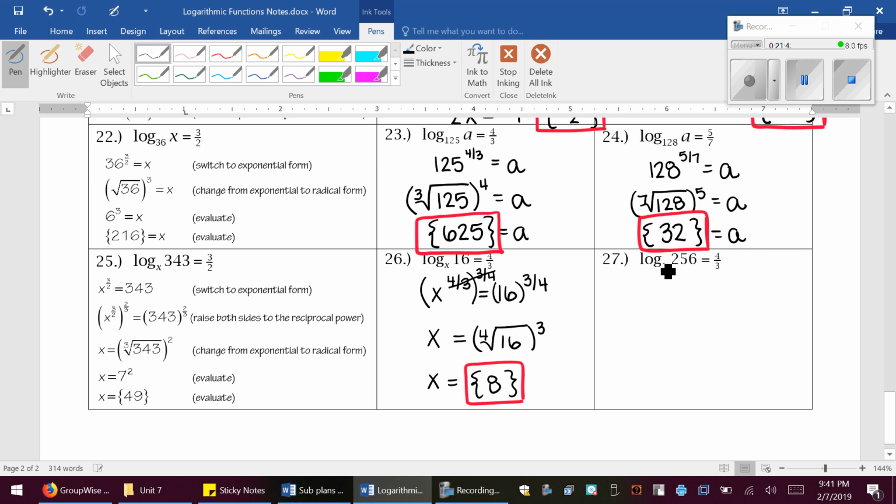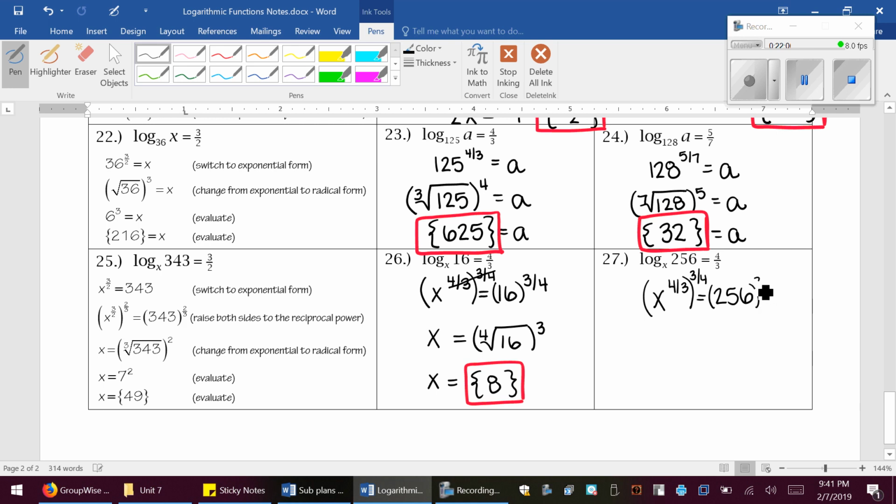Last one. Log base x of 256 is equal to 4/3. In exponential form, x to the 4/3 power is 256. Again, this one's different than the one up above because up above the base was a number, so we could evaluate, but this base is a variable, so we need to move 4/3 to the other side.